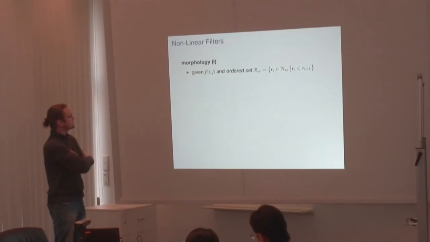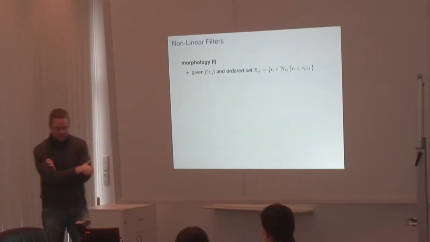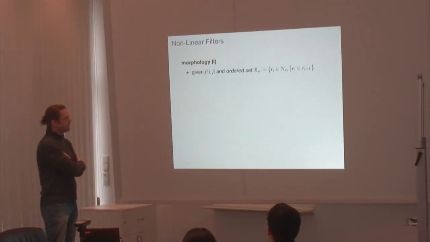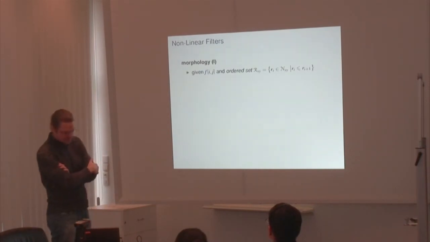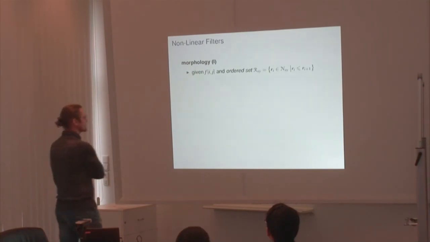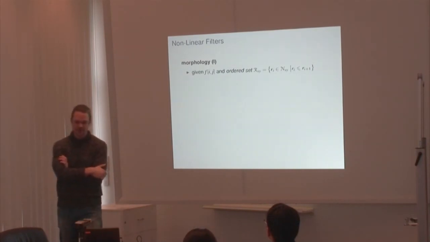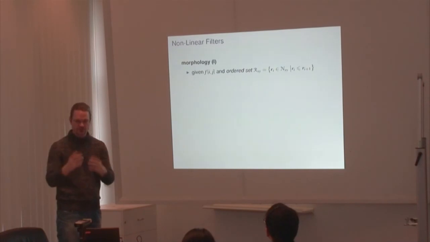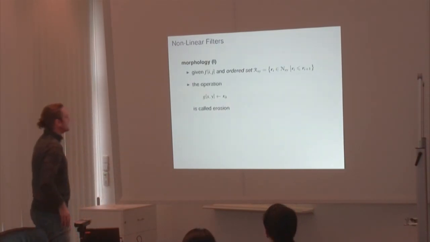And there is a topic that is called morphology. It's basically the same thing we just studied in the case of median filtering. We're given an image, and for every pixel in this image we have an ordered set of the values in a local neighborhood surrounding that pixel. This is exactly the same we saw earlier.